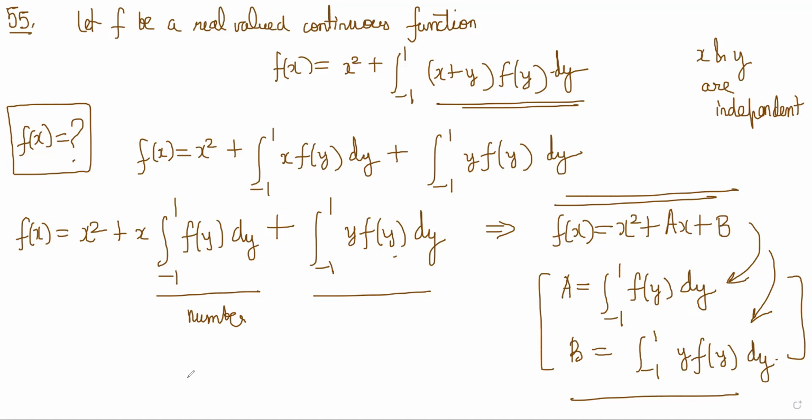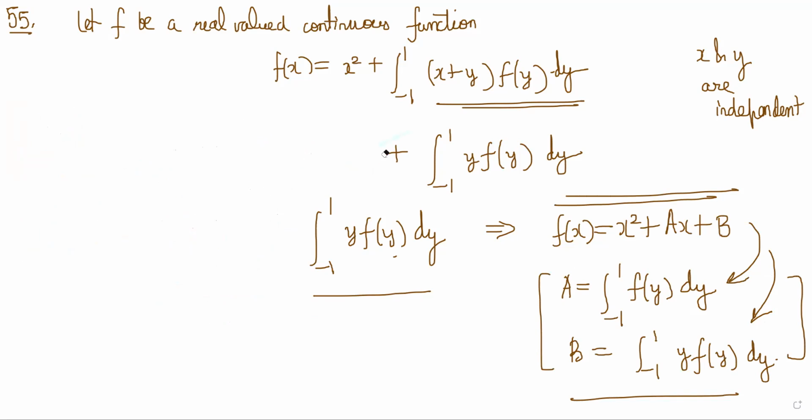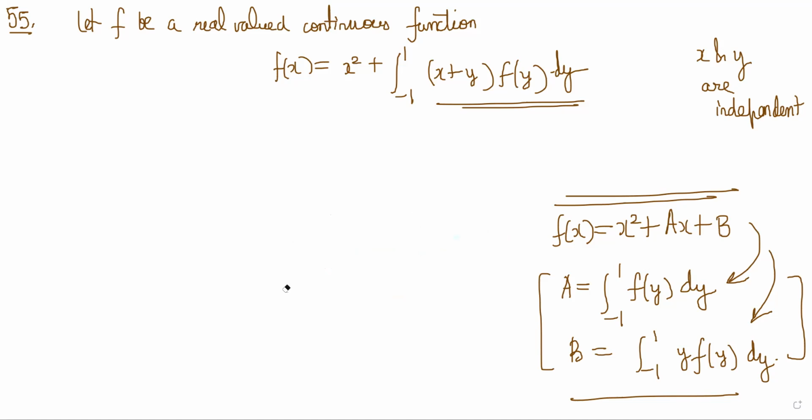So how do we do that? Since f(x) is coming like a quadratic function, we can say a is equal to the integral of -1 to 1 of f(y) dy, right? So a is equal to the integral from -1 to 1 of (y square plus ay plus b) dy.